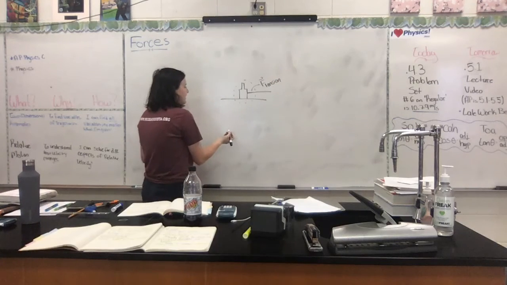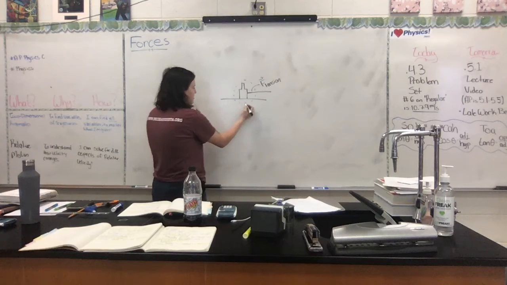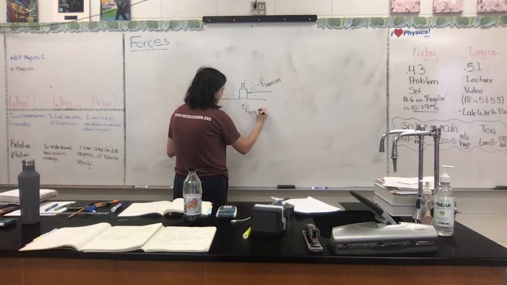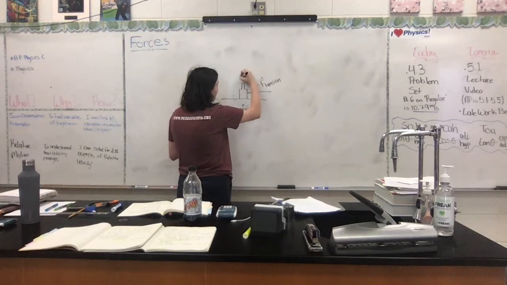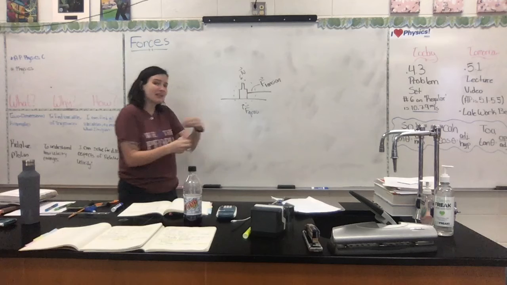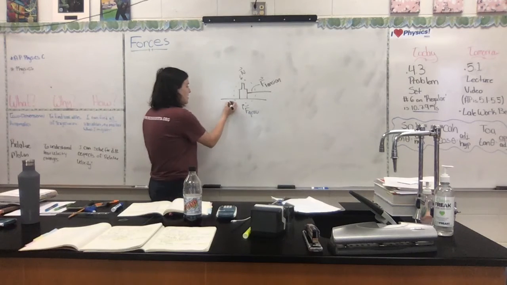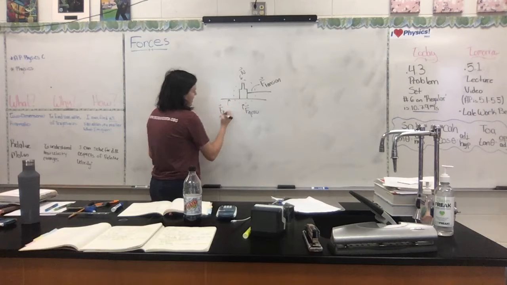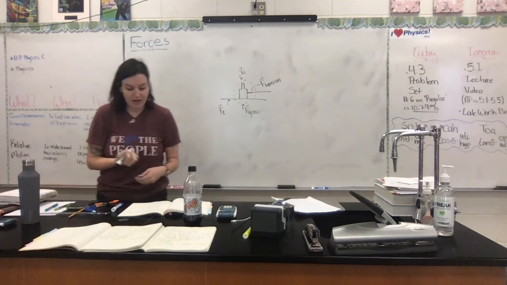And then, well, it's sitting on a table, so I have gravity acting on it, and I have a normal force, right? And then also, if it's getting pulled across the table, there's also going to be a friction force at work on it, okay?